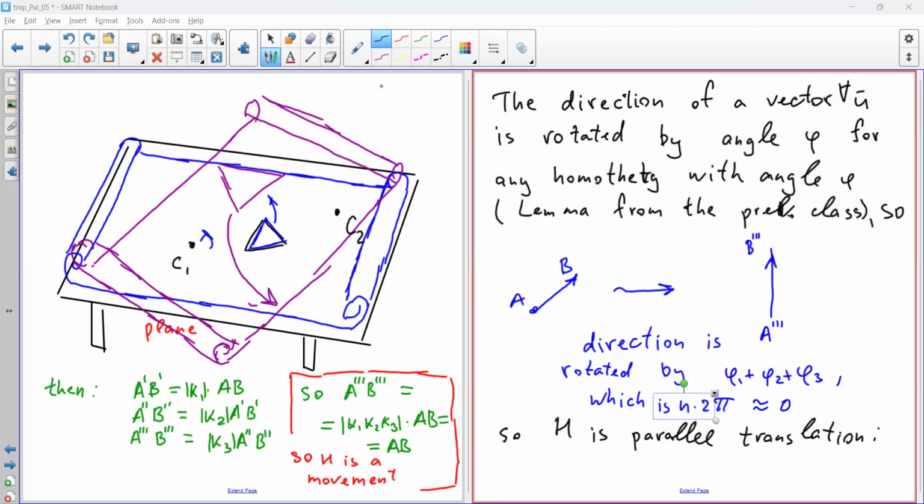To show that it is a parallel translation, we need to again consider the trajectory of some two points. We may consider the trajectory of one single point and show that the shift of the point is always by the same vector u, but we don't know this vector of shift.